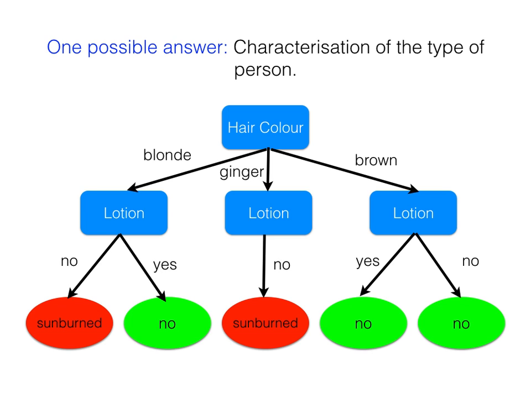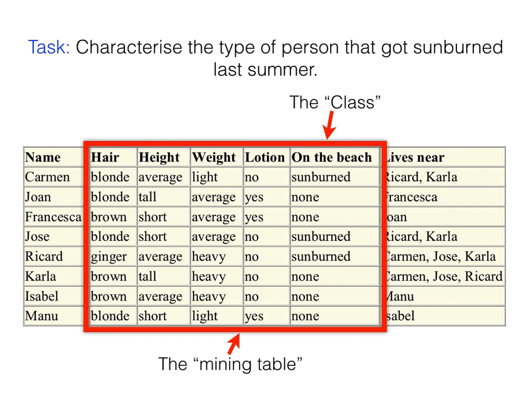Let's look at another example, and you can think of this, first off, as a predictive problem, because if we learn that characterization for this data set, then we can come along with another person. Say, for example, me, I have blonde hair, I'm short, average weight, and I didn't have suntan lotion, then did I get sunburned or not?